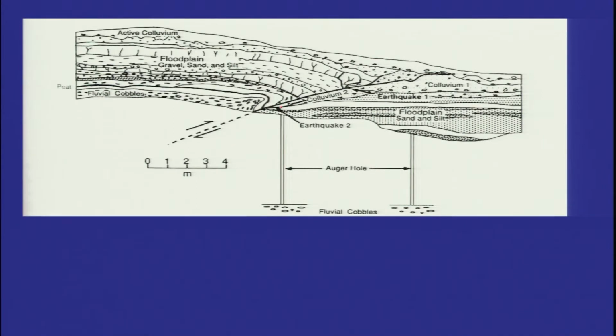The point here is that you don't see a comparable sequence on the footwall side and the hanging wall, but the soil formation helps you identify that this was the previous surface which got deformed and then subsequently capped by the next depositional event.